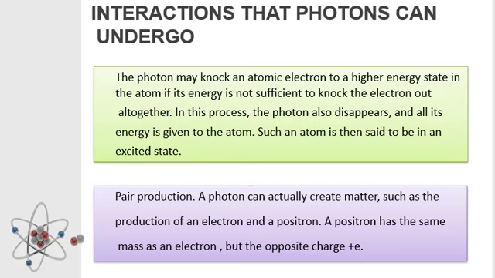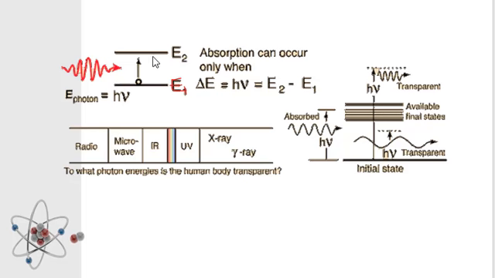For example, here, if you have the energy of the photon, the electron is at energy level 1, and because of the energy of the photon, it can jump to a higher level.